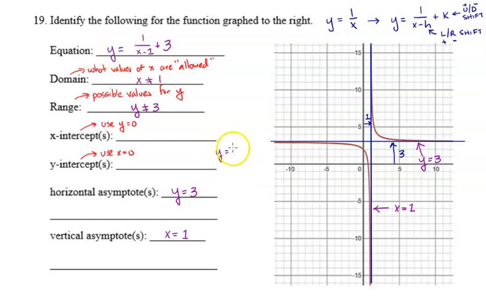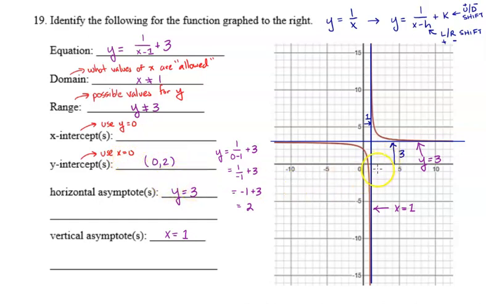So y will equal 1 over 0 minus 1, plus 3. And so that's 1 over negative 1 plus 3. Right? 0 minus 1 is negative 1. 1 divided by negative 1 is just negative 1. And negative 1 plus 3 is 2. So it has a y-intercept at 0, 2. When x is equal to 0, y gives me 2.